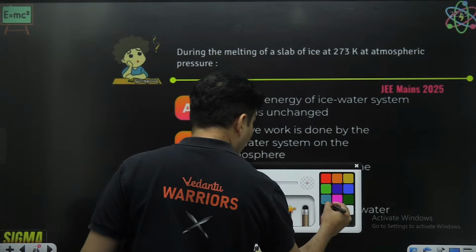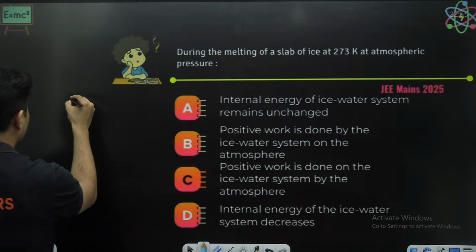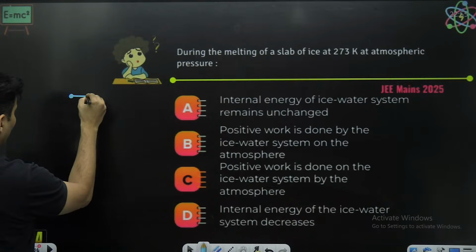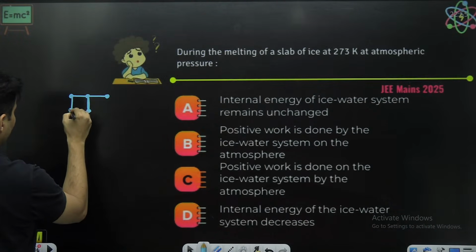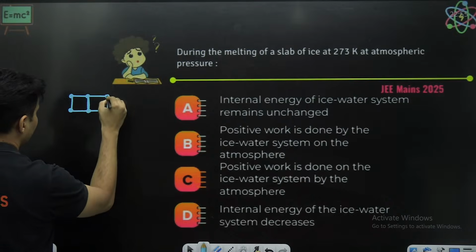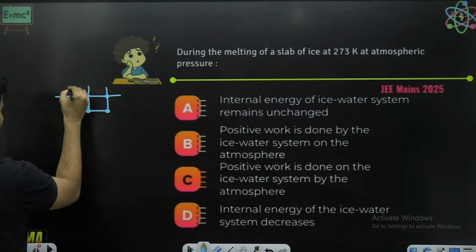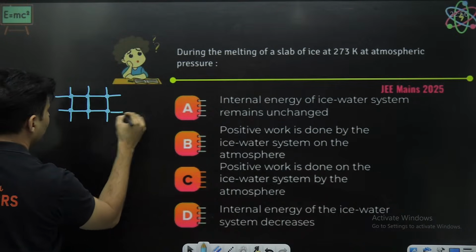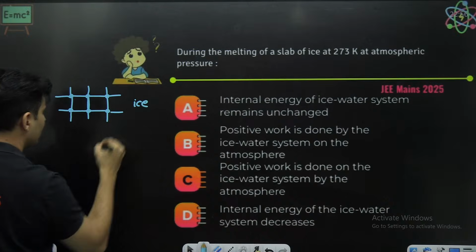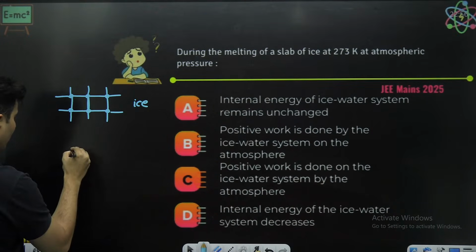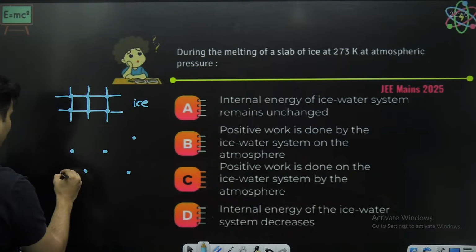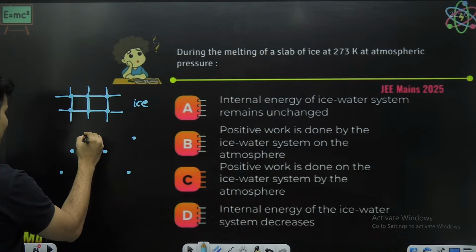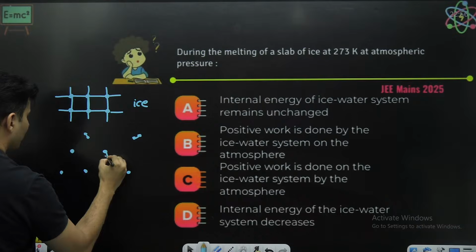Now, if you visualize, for ice, the molecules will be more structured, the bonds will be stronger, isn't it? That's how the molecules of ice will be bonded. But in case of water, those molecules are slightly better in motion. They are moving slightly randomly here and there.